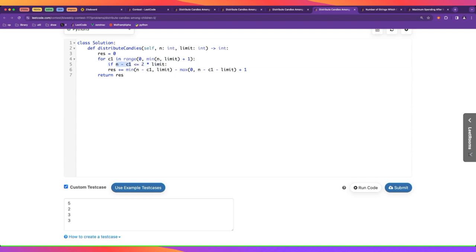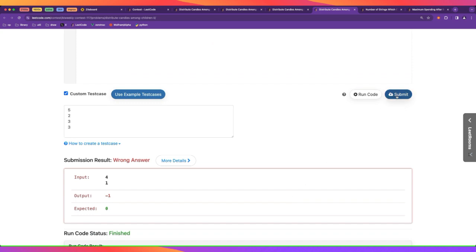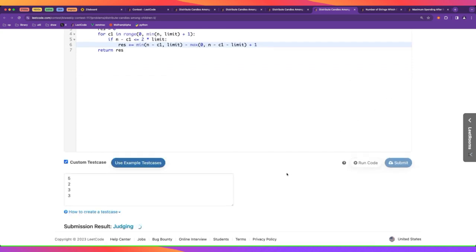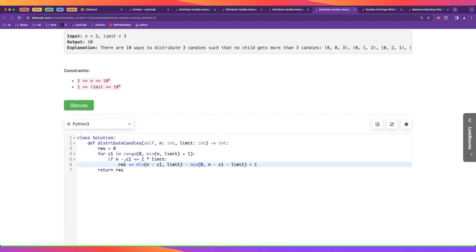So this is how many are remaining. Okay, yeah, so this condition is that whatever is remaining after we've given the candies to C1 has to be less than or equal to 2 times the limit.